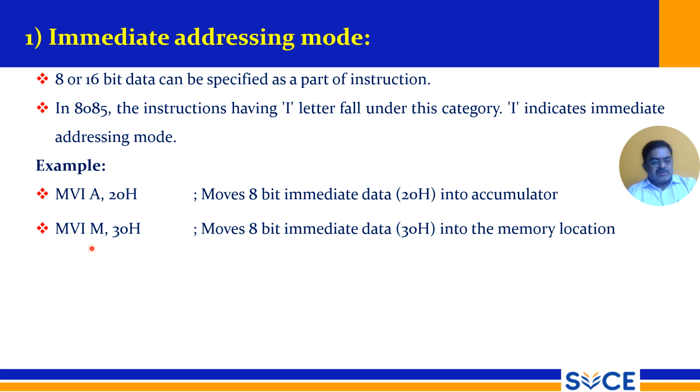Here the memory pointer has an address, and in that address this 30 is going to be stored. It moves the 8-bit immediate data 30H into the memory location pointed to by the HL register pair.